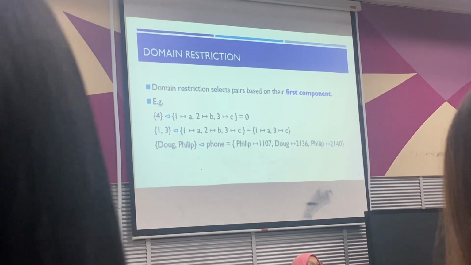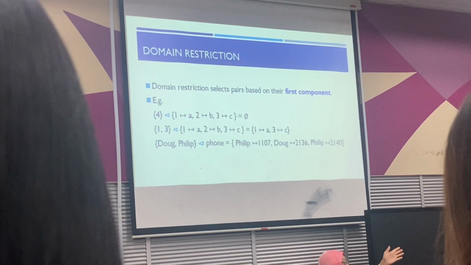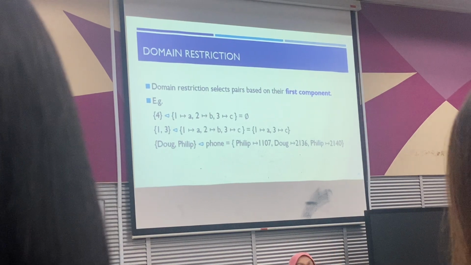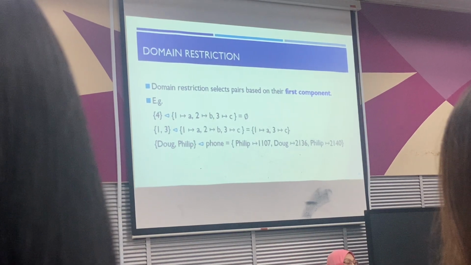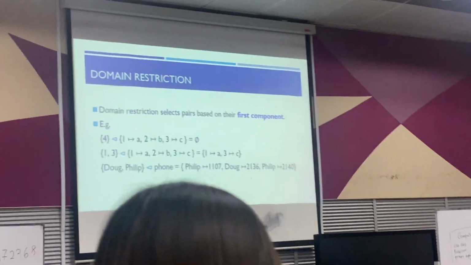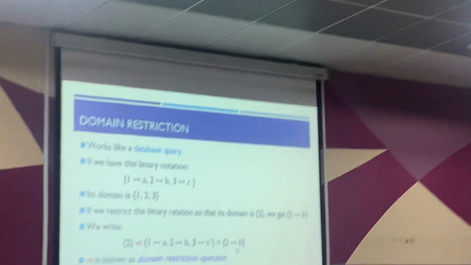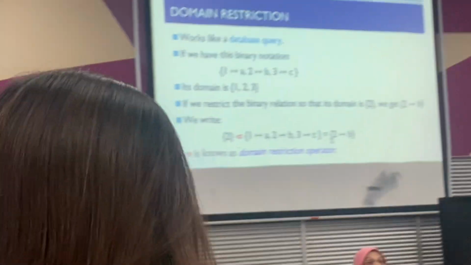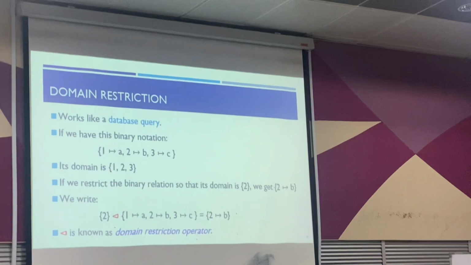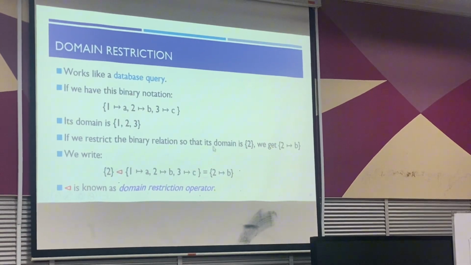So you are looking at the domain data. Of course, when you are looking at the domain data, you can also look at the range data. If you do this domain restriction, the answer is 2 mapped to B. But sometimes you search ID and want to produce the output as name only, not ID and name.